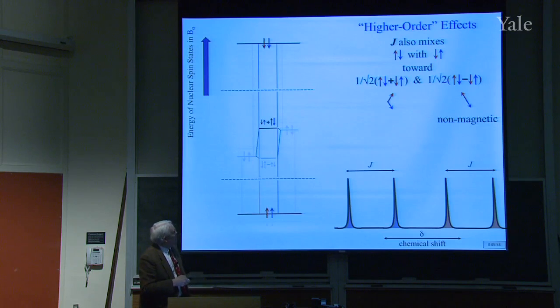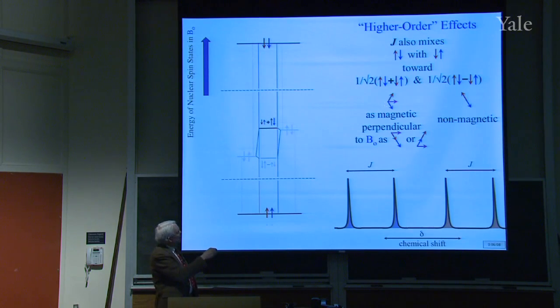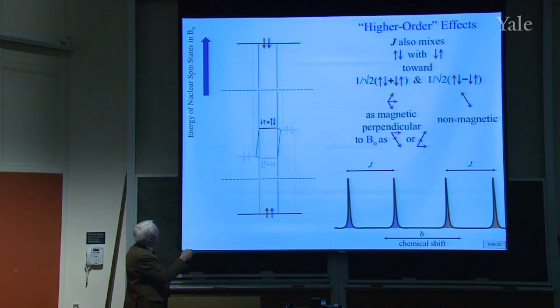So it's as magnetic perpendicular to the main field as either the one where they're both against the field or the one where they're both with the field. So this one is magnetic and that one's not magnetic. That is, this one can interact with the magnetic field of light, but this one can't. So if we look over here, we see that this one is weakened.